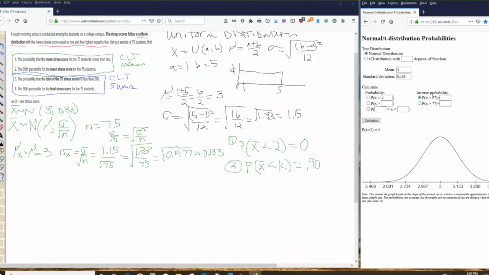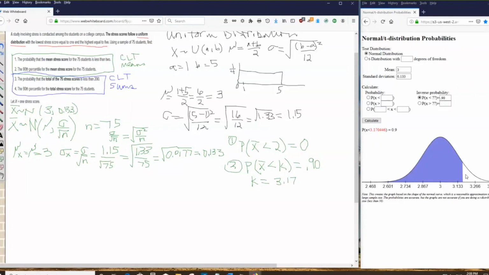We're going to solve for K at the 90th percentile using the same mean and standard deviation. Click calculate. The number in red is K. So that tells me that K is going to equal about 3.17. And we can see that that's about right here where the shaded and white areas change.